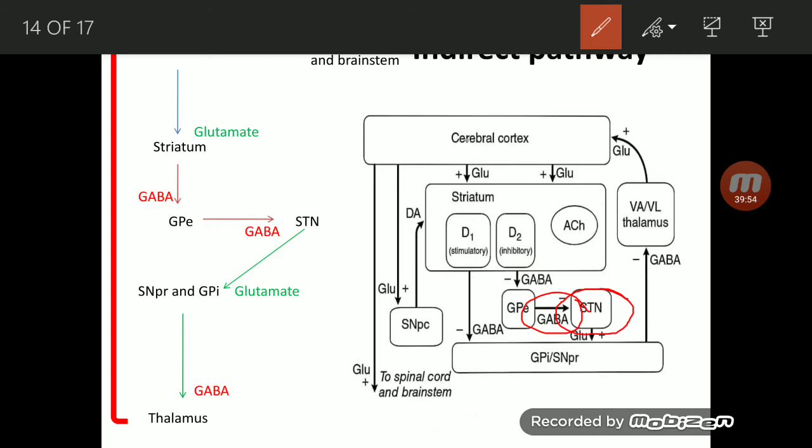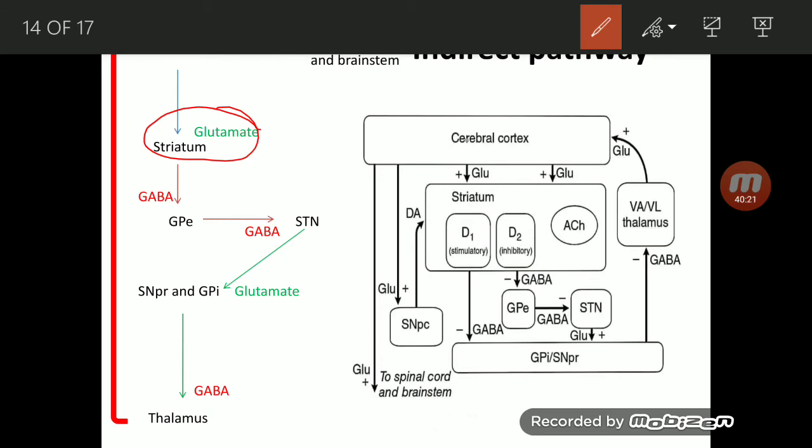So whenever GABA is released, your STN gets inhibited. Because it gets inhibited, there is no release of glutamate occurring. Now glutamate is released to your striatum.